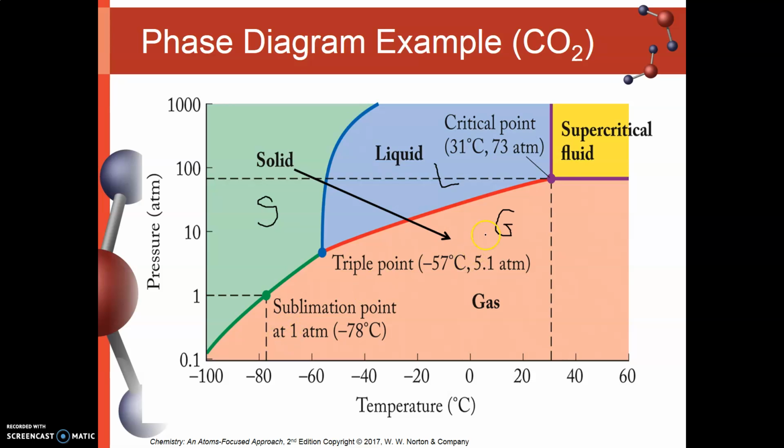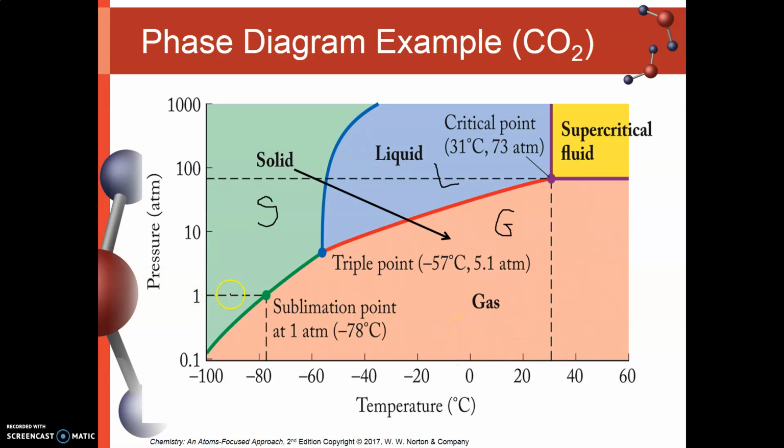Now, there are some other critical ideas and points that we should uncover. But as we can see, if I look at any given pressure and temperature condition, I can accurately determine what phase I should expect to see.